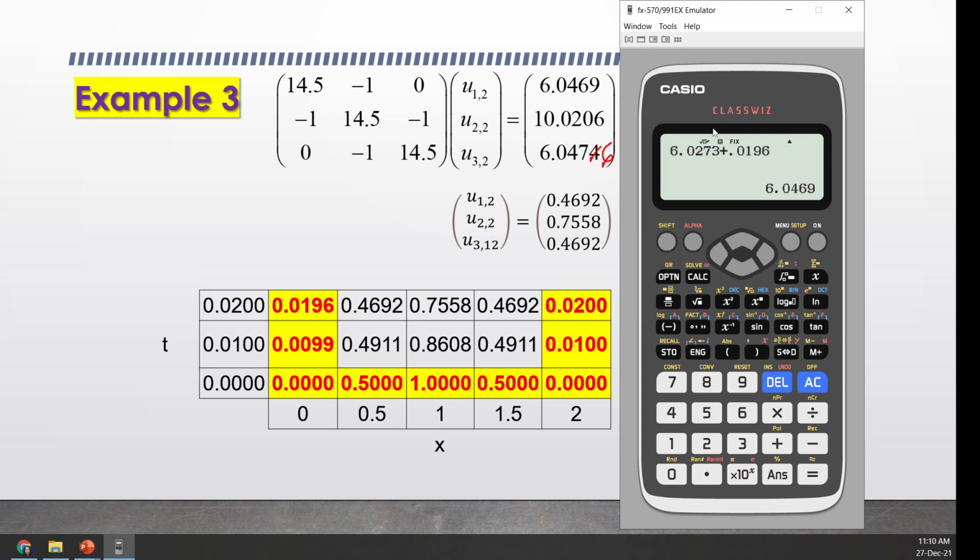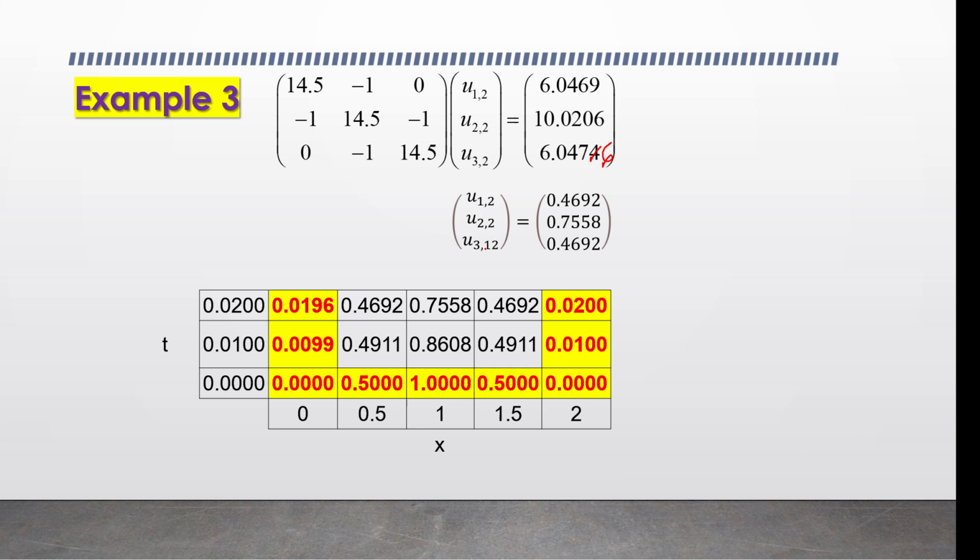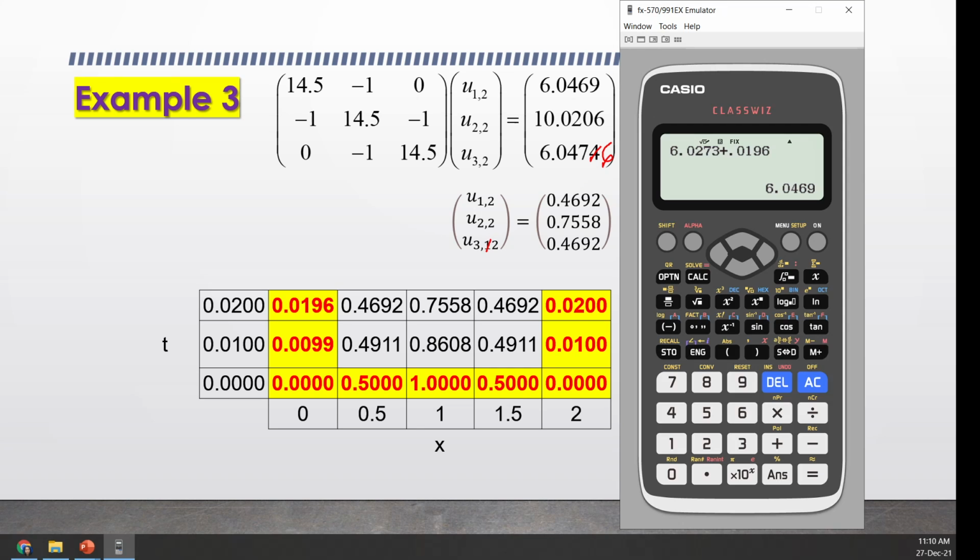We check the values here, and then using the equation mode you can obtain U12, U22, U32. Go to the menu, equations, simultaneous equation, 3 equations.